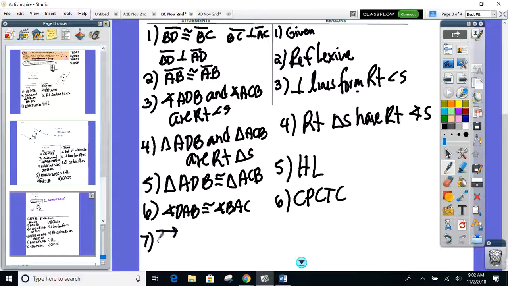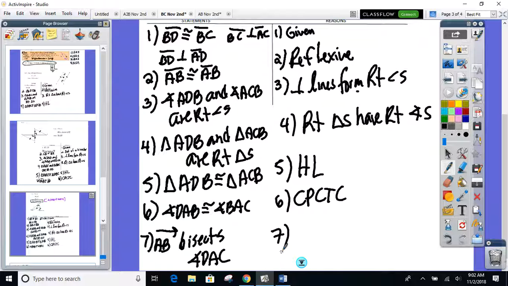And now let's talk. I know the easy way out would be, definition of a bisector. But that doesn't tell me anything. It's like, hey, why is Colin sitting in a chair? Definition of a chair. That doesn't tell me anything about a chair. How do we know that AB bisects DAC? What did we prove that makes AB bisect DAC?